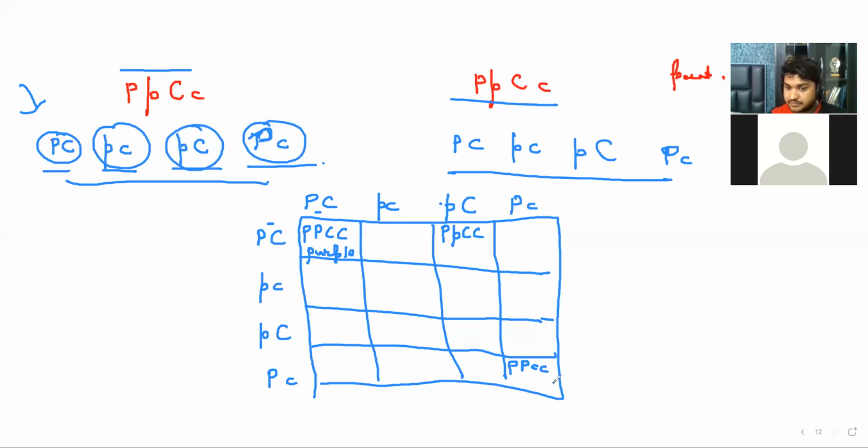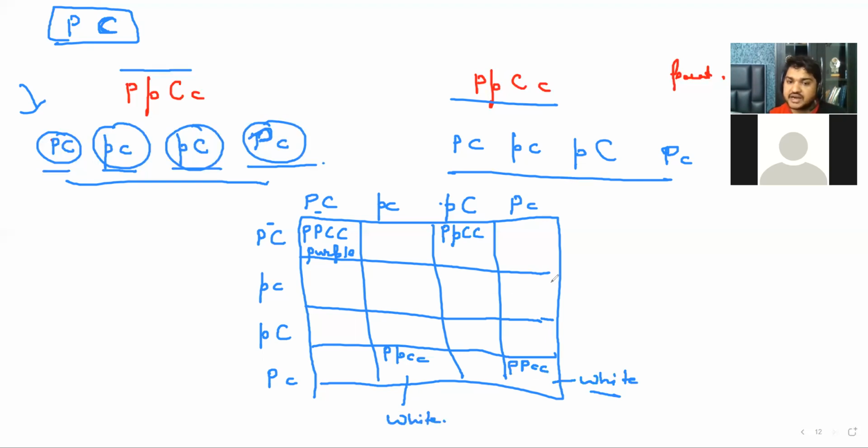It's not purple, because one of them is not present. It's white. Because in complementary, P should always remain with C. With capital P, small c, white or purple? White, because there is no capital C.